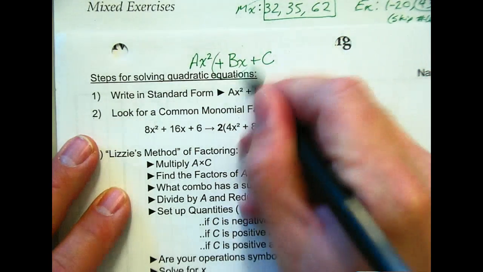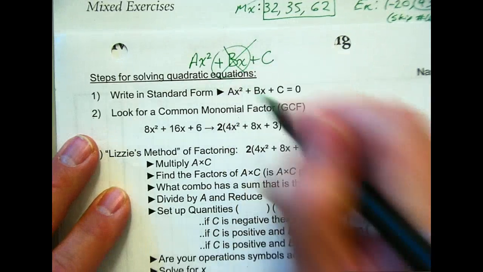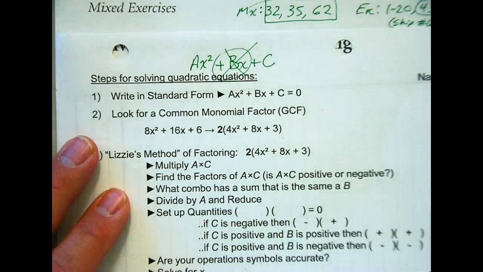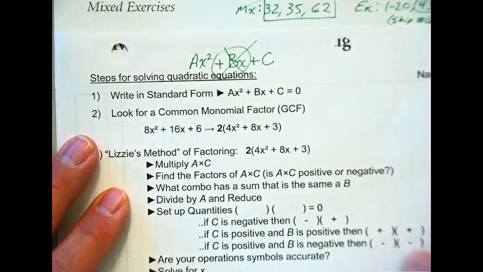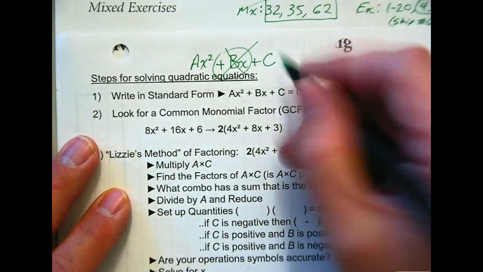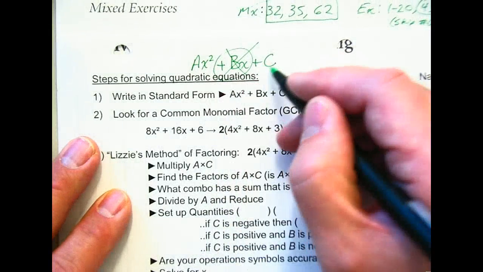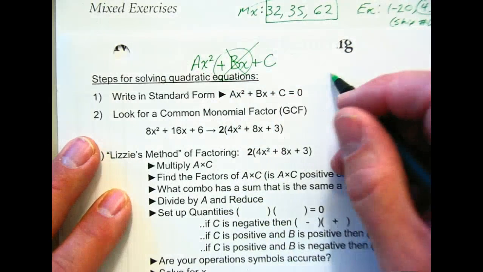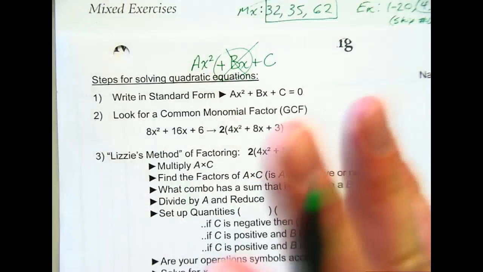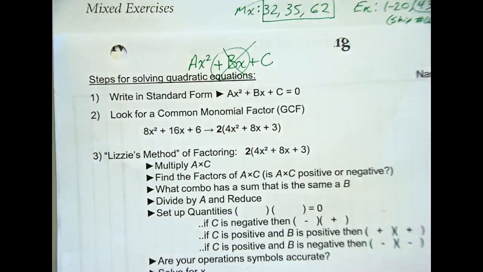If there's no B, you don't have to factor. If there's an A, B, and C, then you factor. If there's an A and a C, you don't need to factor. If there's an A and a B, you should factor. I guess a better way to say it: if there's a B term, you must factor.